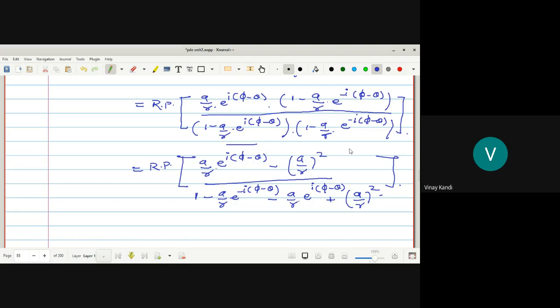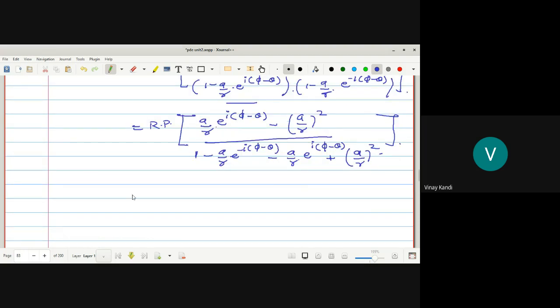Okay, which is equal to real part of a upon r into e raised to i phi minus theta, minus a upon r bracket square, divided by this is 1, plus a upon r bracket square, this term.